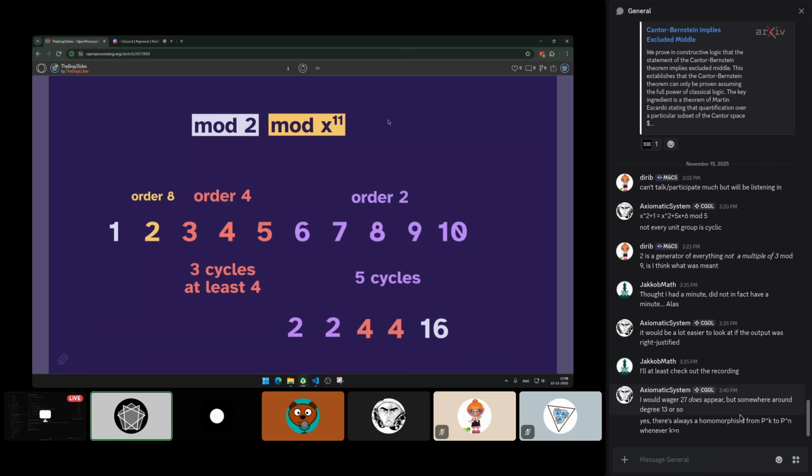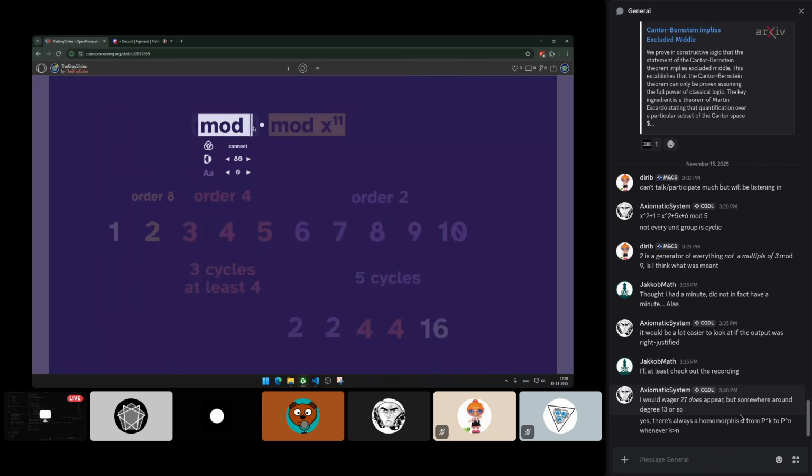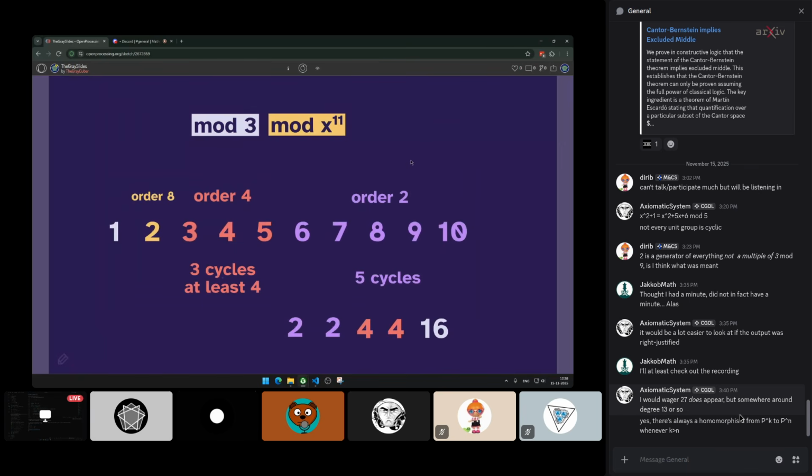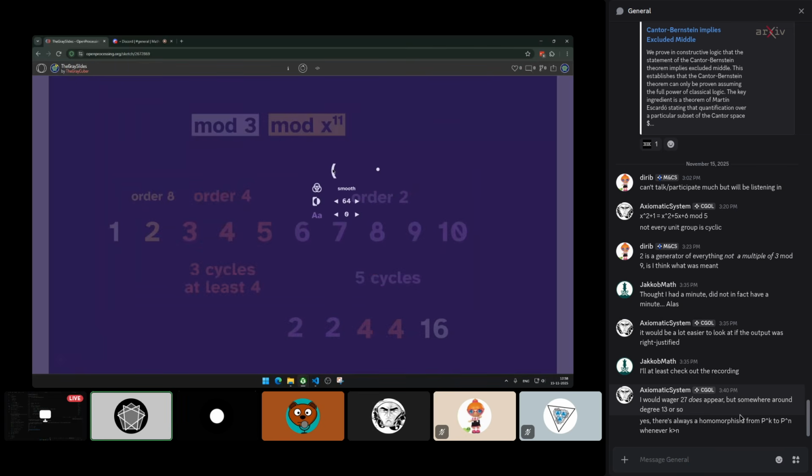To generalize this, if we were instead to work mod 3, we now have the property that a plus b cubed equals a cubed plus b cubed, because of Pascal's triangle, the binomial theorem.